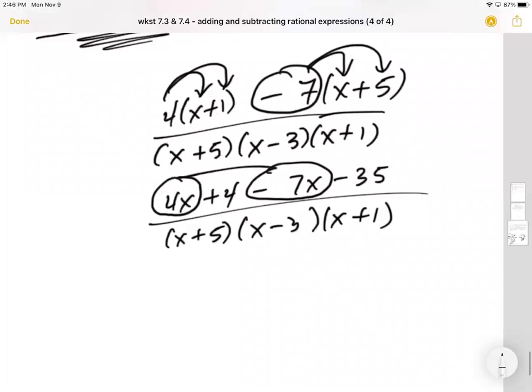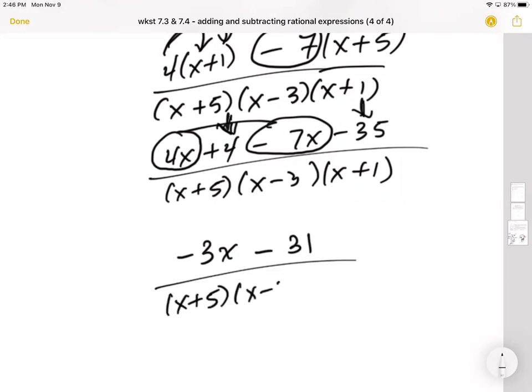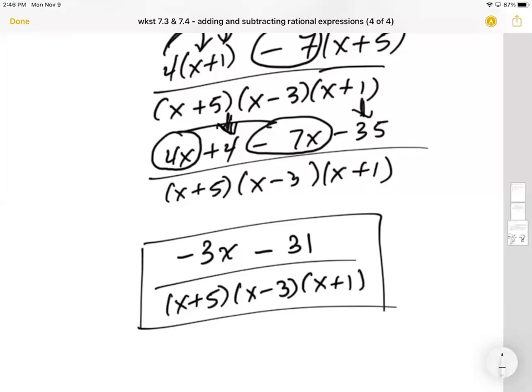The 4x take away 7x will give you negative 3x, and 4 take away negative 35 gives you negative 31, all over x plus 5, x minus 3, and x plus 1. And again, this is your answer.